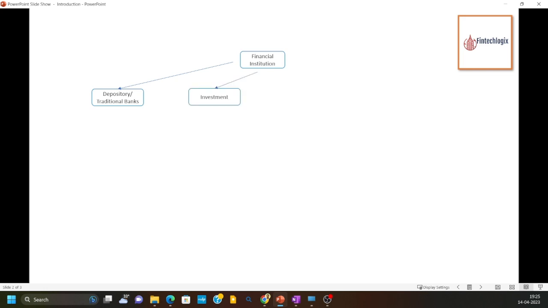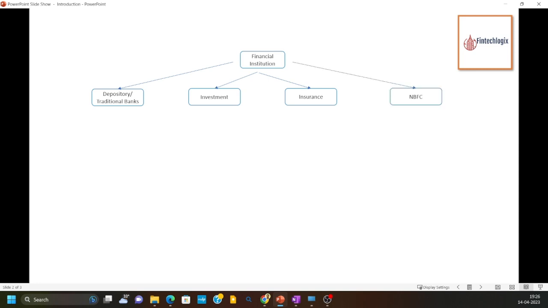Now, the second one is investment firms or investment bankers, what we call them. These deal with investments received from their customers, right? So customers go to them for making investments. The third one is insurance. We have different kinds of insurance needs throughout our life, and whom we approach for them are insurance service providers, right?